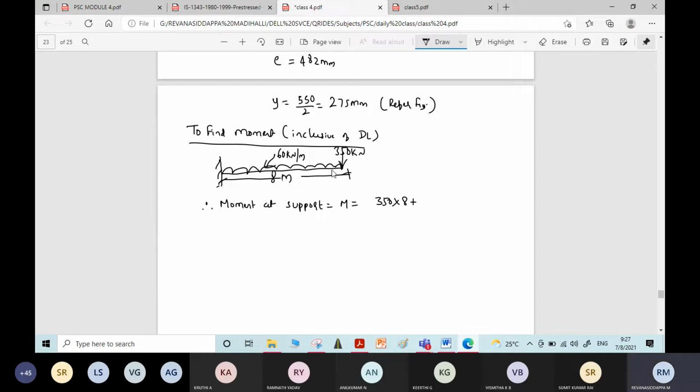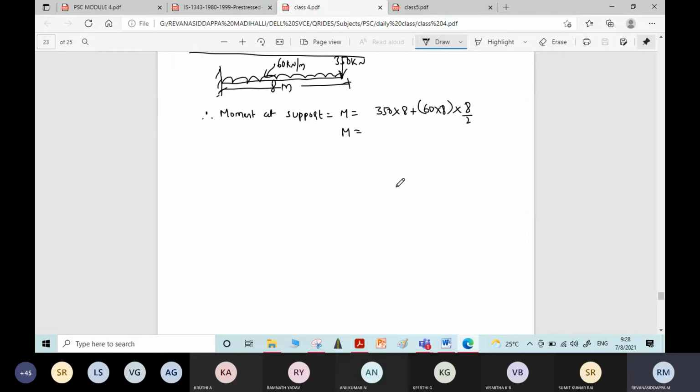Then the moment of the 60 kilonewton per meter UDL about the support: first you convert that UDL into a point load, that is 60 multiplied by 8 meter, into the perpendicular distance, span divided by 2, 8 divided by 2. By this we will get the total moment acting at the support. How much? Tell me the answer. Calculate, students. Tell me the answer quickly.